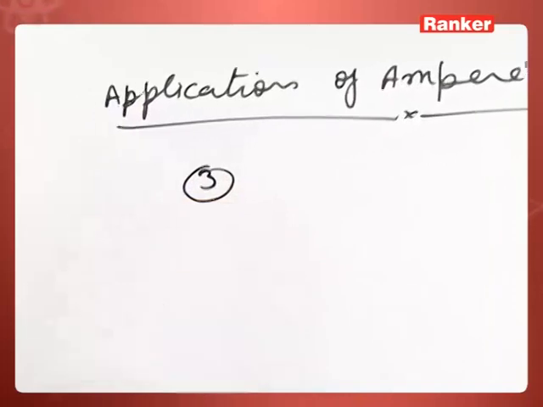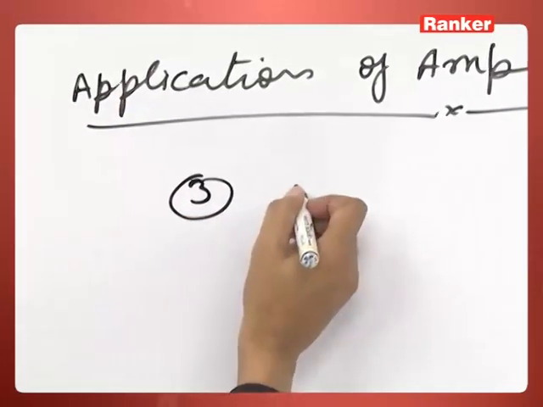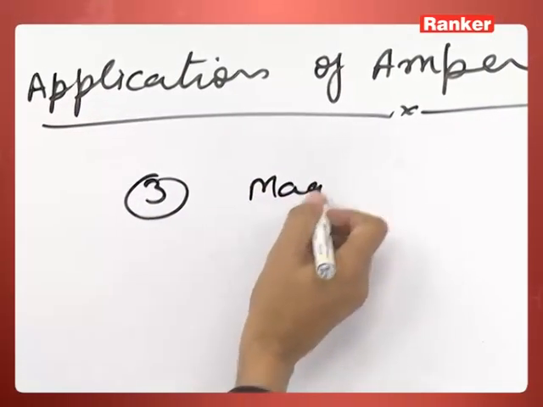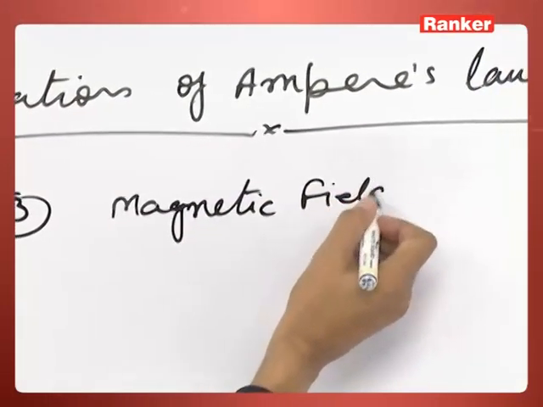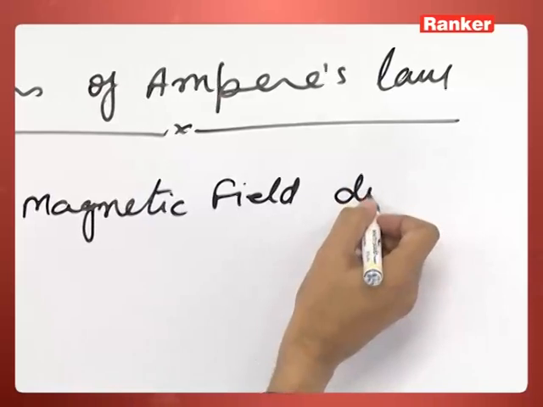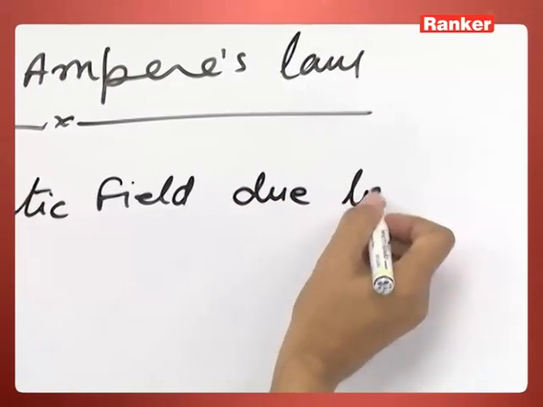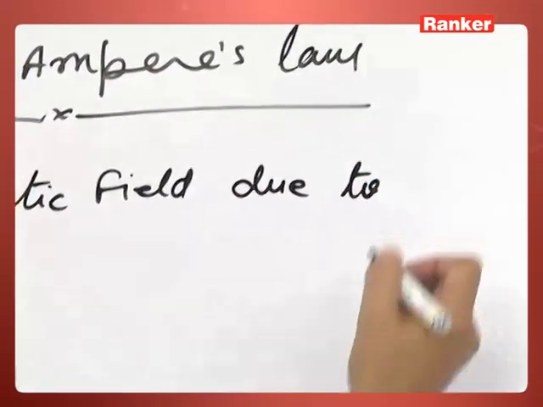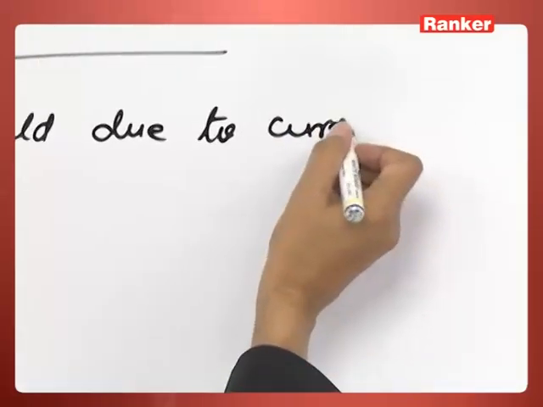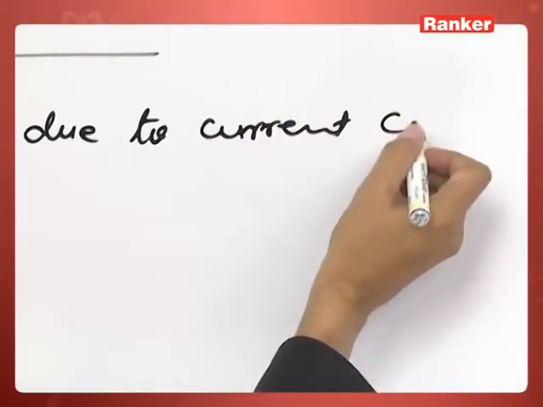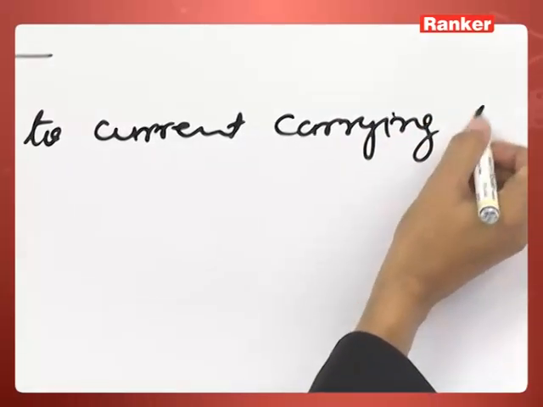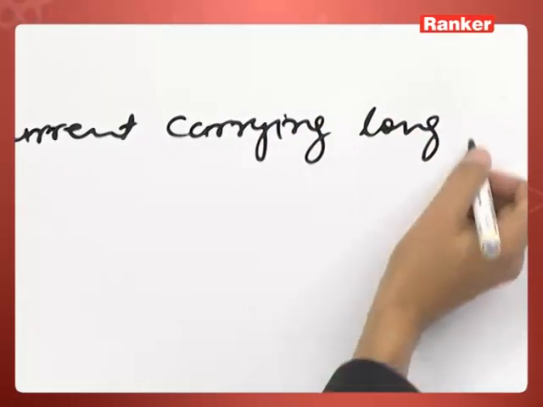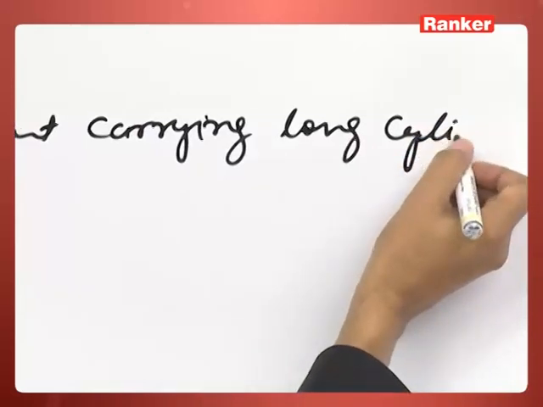Now see the next one: magnetic field due to a current carrying long cylindrical pipe.